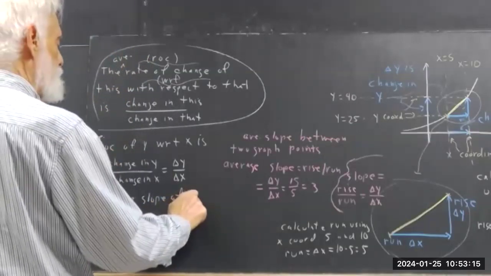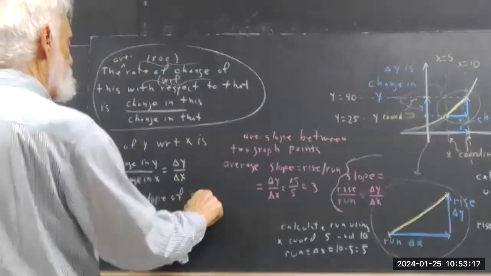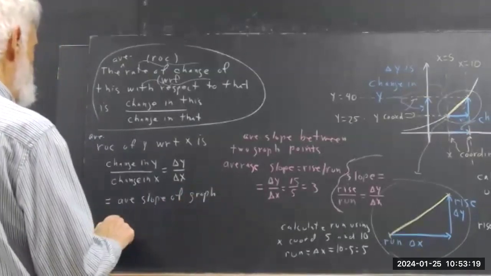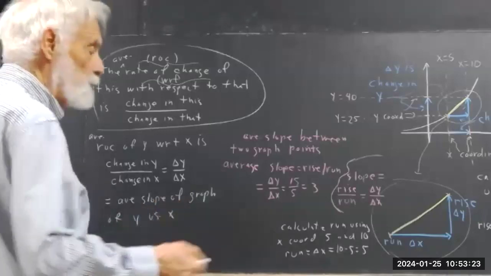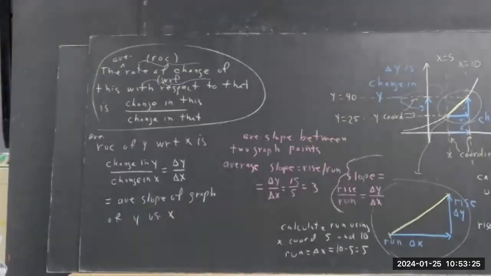It's the average slope of the graph of Y versus X between two graph points.